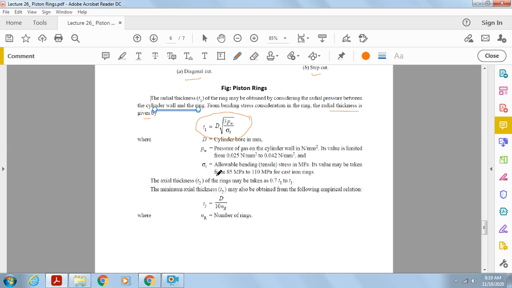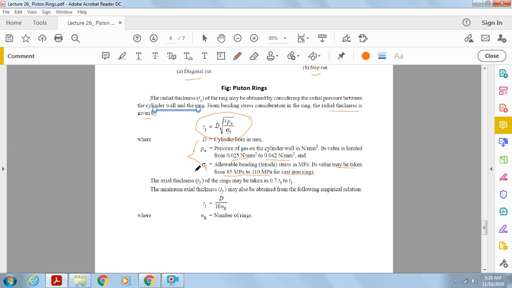Here D is the cylinder bore in millimeter, PW is the pressure of gas on the cylinder wall in Newton per millimeter square. Its value is limited to 0.025 Newton per millimeter square to 0.042 Newton per millimeter square. That value we have to remember, the PW value, because it may not be provided in the question as well. What is sigma T? Sigma T is the allowable tensile or bending stress in MPa. Its value may be taken as 85 MPa to 110 MPa for the cast iron rings.